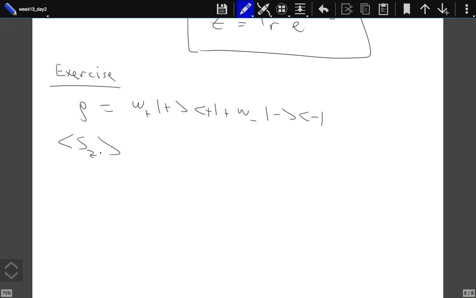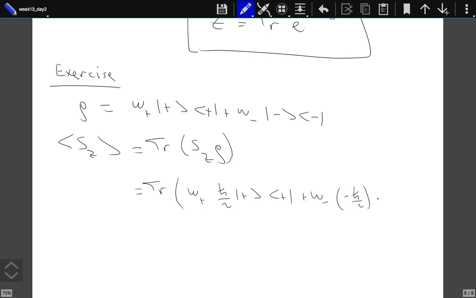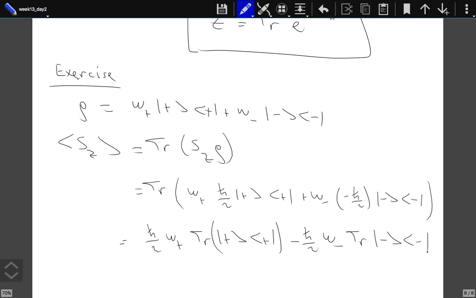The average of Sz is the trace of Sz times rho. This is the trace of, if you act with Sz on rho, you would get omega plus h bar over 2 plus, plus omega minus h bar over 2 minus. This is equal to the trace of h bar over 2 omega plus trace of plus, minus h bar over 2 omega minus trace of minus.